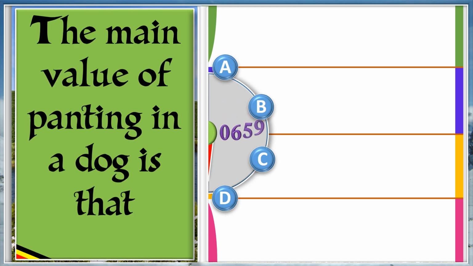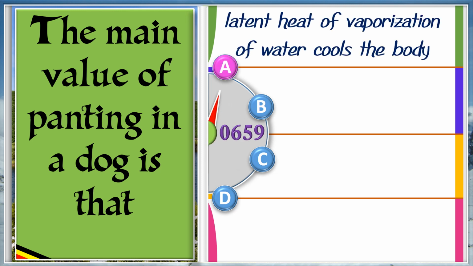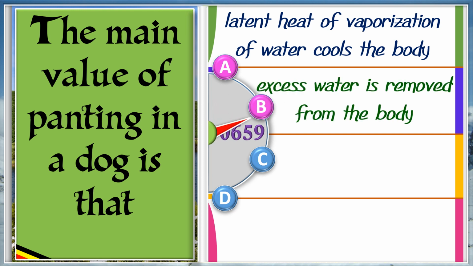The main value of panting in a dog is that A. Latent heat of vaporization of water cools the body. B. Excess water is removed from the body.